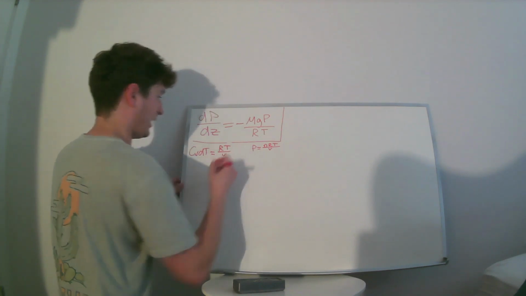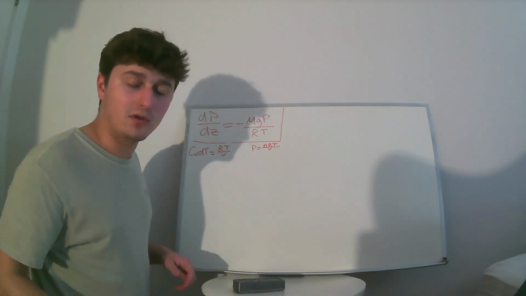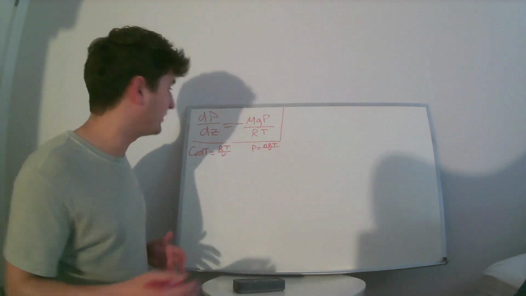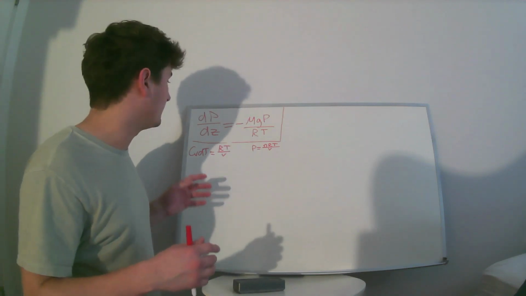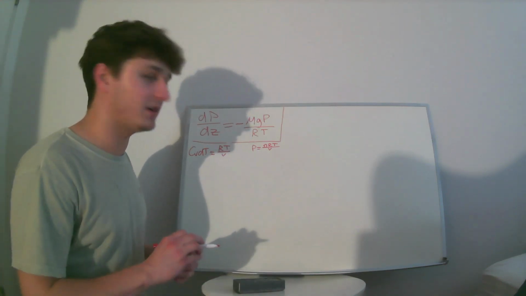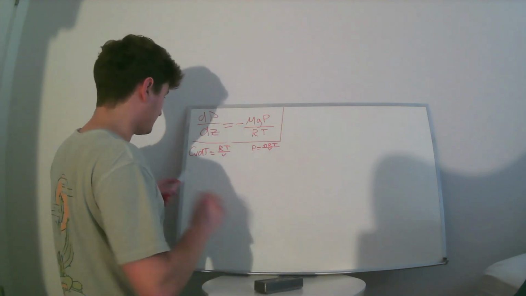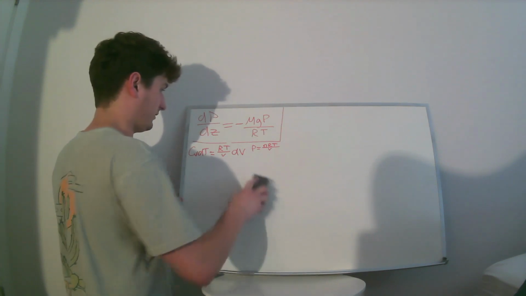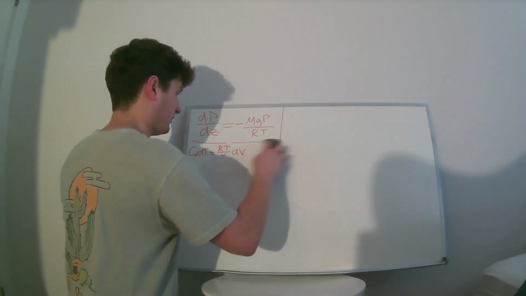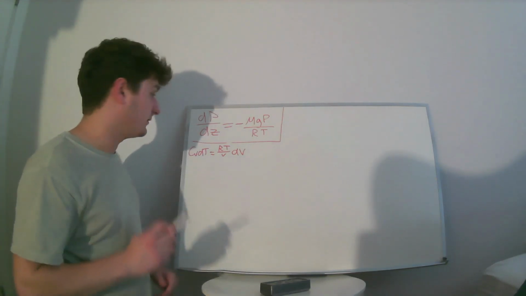Now, an important thing I would like to say real quick, we are going to be dealing with a specific volume, so the moles no longer matter to us. It helps with this equation up here, but now that we're really getting into it, the moles no longer matter to us because this is a specific volume. So, okay, this looks good. And what we had a dV over here before, I believe. Yes. Okay, now we're looking pretty good.